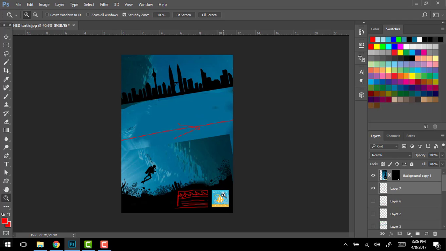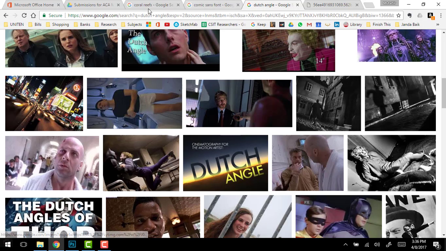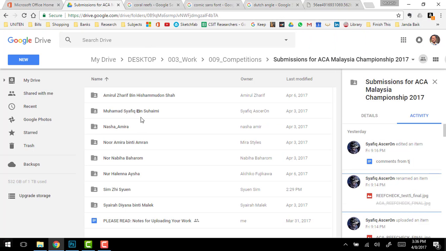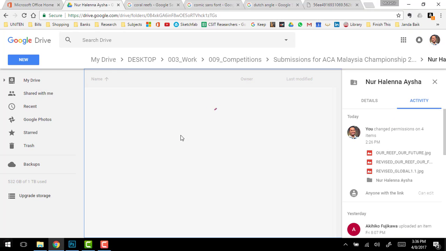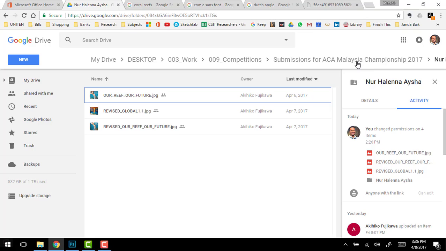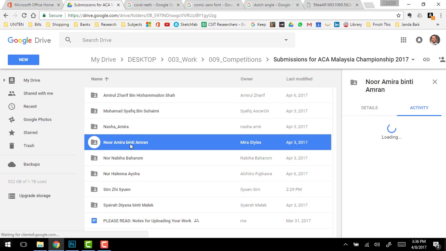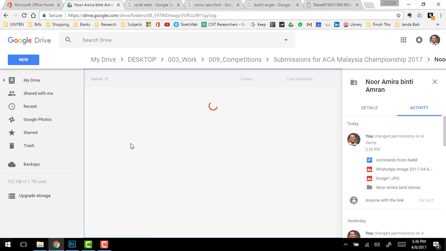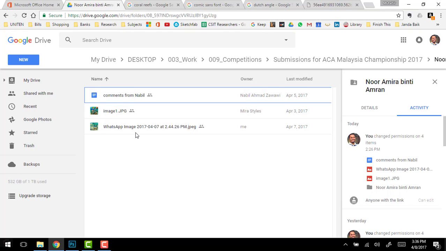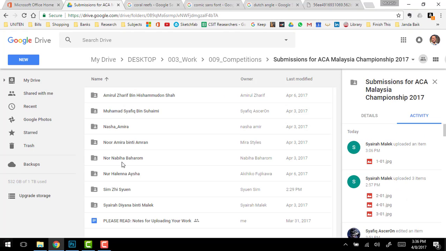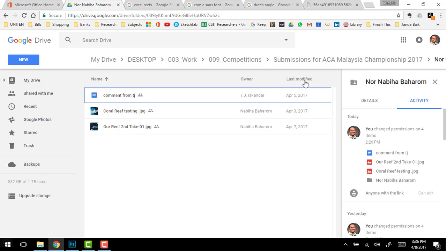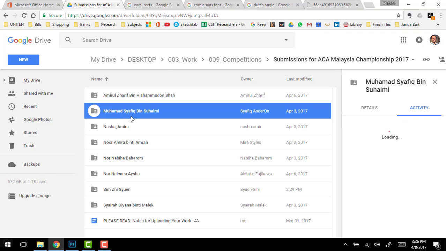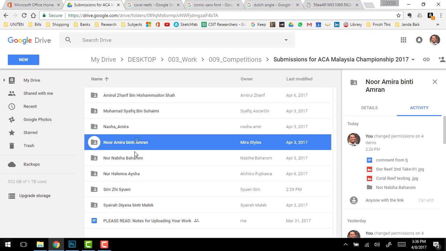These photos that were given by Reef Check, I saw one of you guys did something cool with them, and I can't remember who it was. Did you do it, Nabiha? No. Who did it?